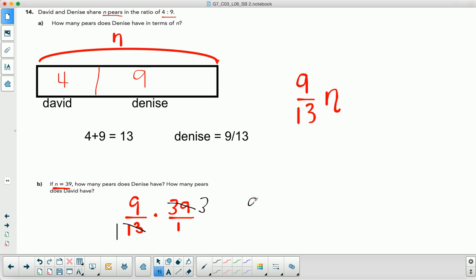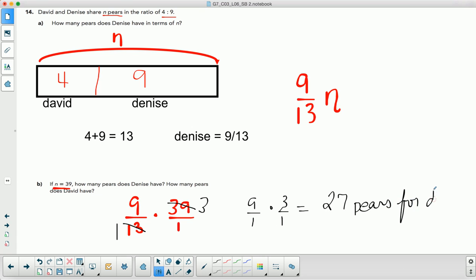So now our new problem will read 9 over 1 times 3 over 1, which is 27. This gives us the number of pairs Denise actually has. So 27 pairs for Denise.